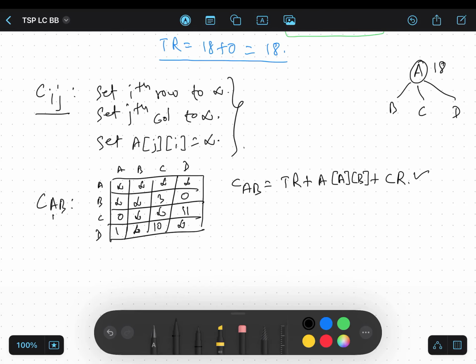Before finding this, we are going to reduce the matrix again for all the rows and all the columns. So if we look at the rows, either everything has to be infinity or there should be at least a 0 in every row.